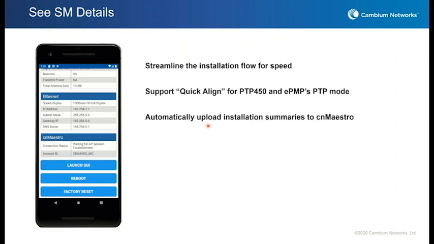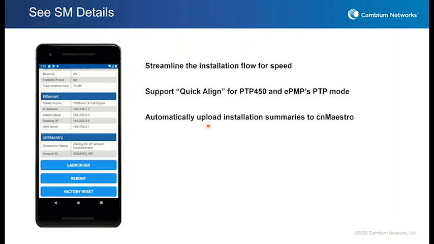We are hoping that this will drive more adoption of cnArcher, where it's not just helping the installer, but it's actually collecting data that maybe you don't have now, or it's a manual way of collecting now, but it'll all be automatically collected and saved to cnMaestro, and later on you can go and review.